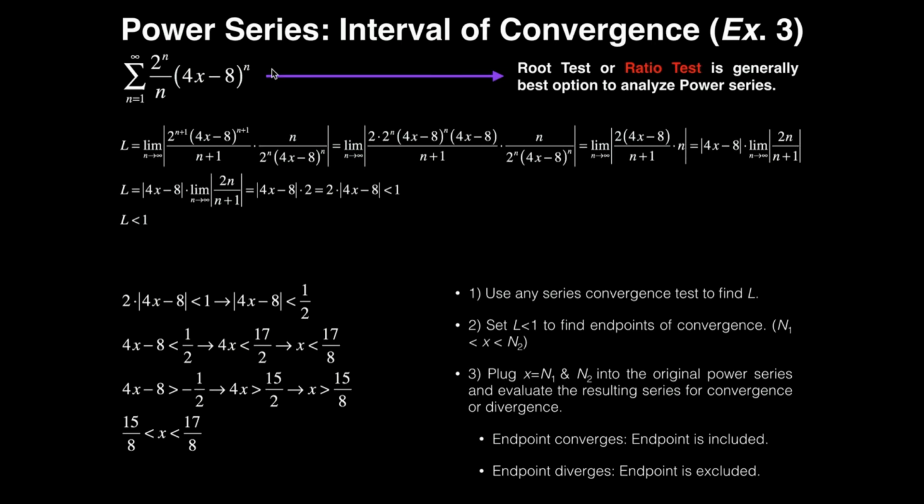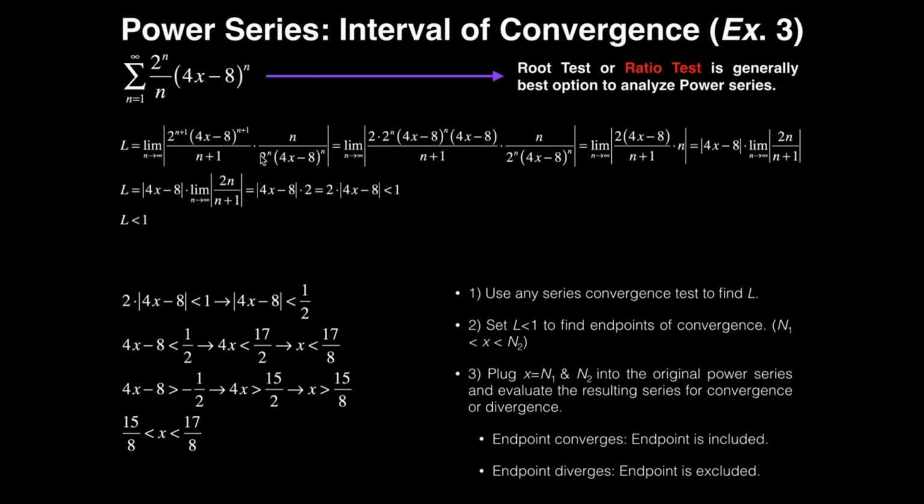In this case, it looks like the ratio test will be much easier to use, so we'll use the ratio test. So our limit L, we know from the ratio test, is the limit as n goes to infinity. And we're going to start off with all of our n plus 1 terms. So anywhere I see an n, I'll have an n plus 1. So 2 to the n plus 1 times 4x minus 8 raised to the n plus 1 power divided by n plus 1.